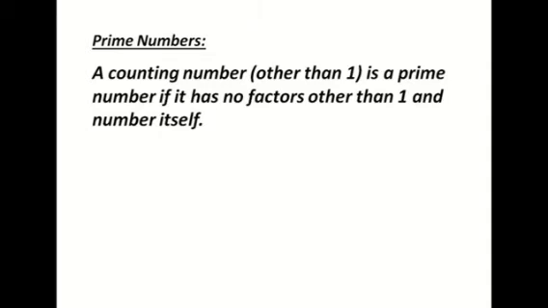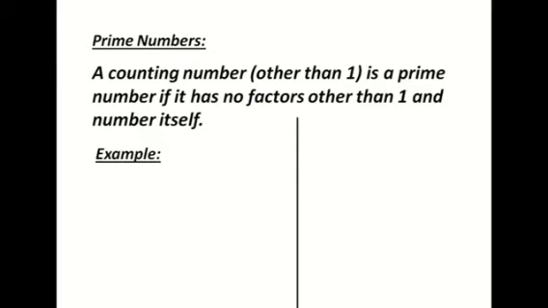A counting number other than 1 is a prime number if it has no factors other than 1 and the number itself. Have you understood? So if a number has factors as 1 and the number itself, then only that number will be called a prime number. Let's see some examples.